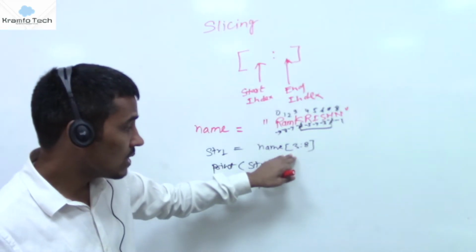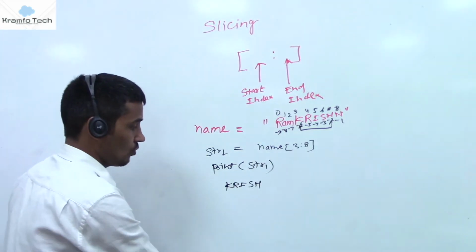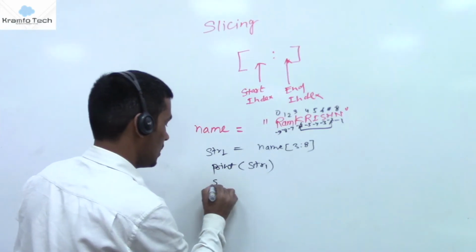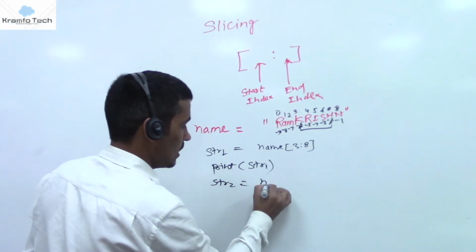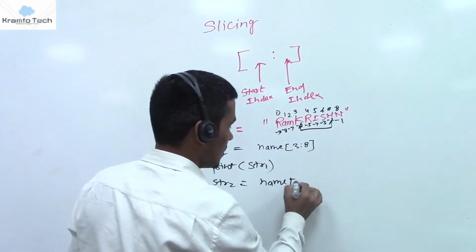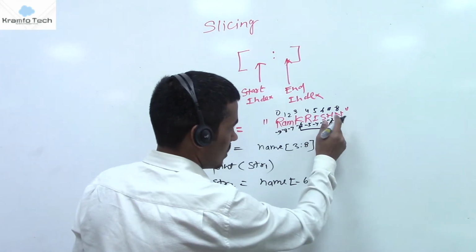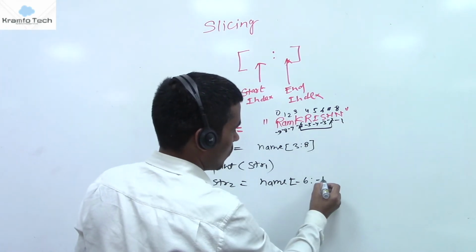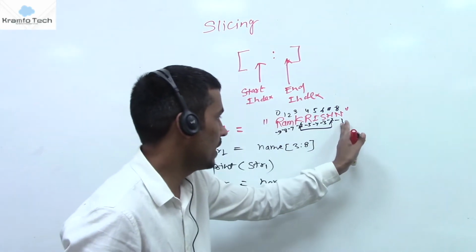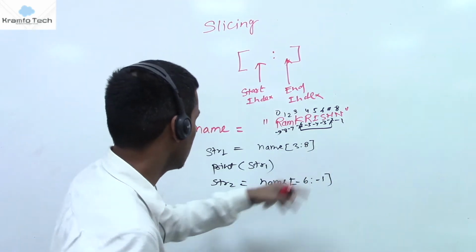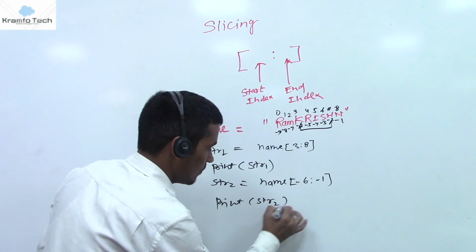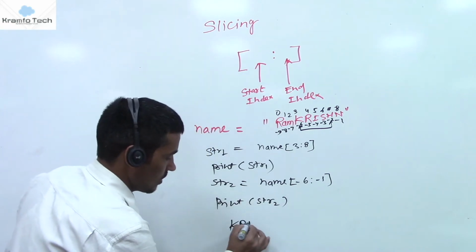The same string value we can get through negative indexing as well. Let's say str2, with -6 colon -1. So -6 to -1 gives the same output. Print str2, and this will also give the output Krish.